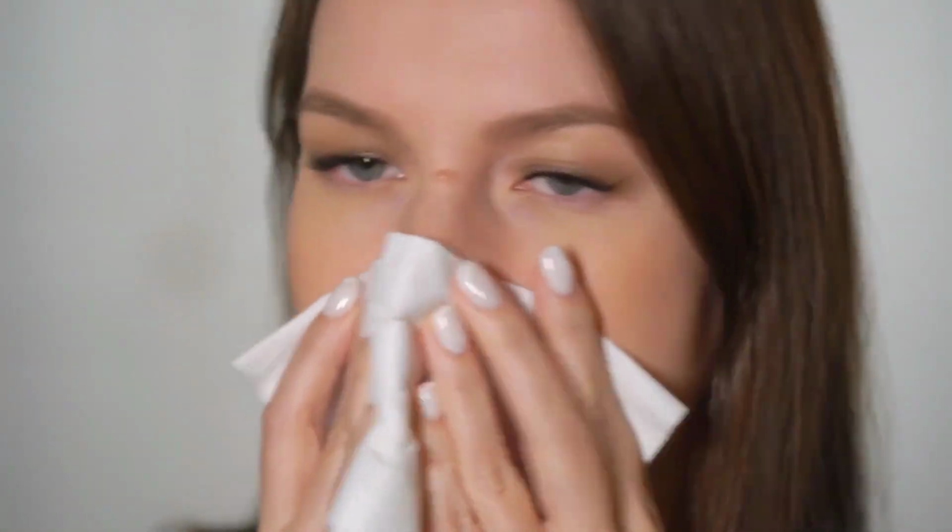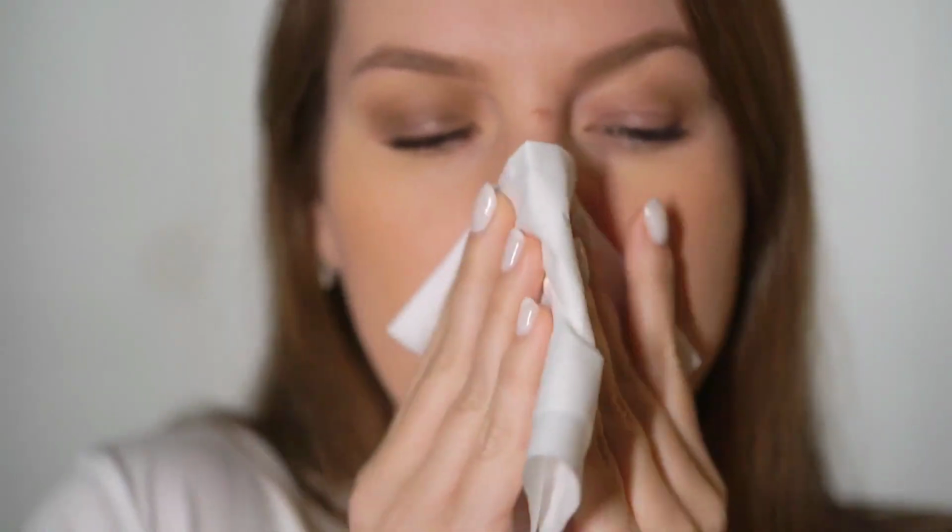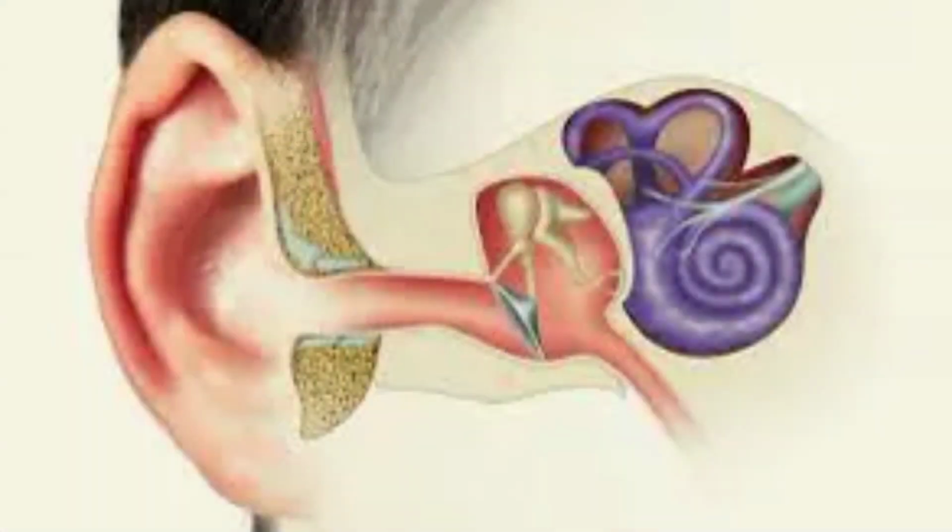So if the ear infection is behind the eardrum, well, what causes that? Well, what usually causes that is it starts out with some sort of virus. And the virus causes congestion, runny nose. What that does is it clogs the tube that lets the middle ear drain. So let's go back to this picture. You see this little tube going off to the side? That little tube drains at the back of the nose and back of the throat area.